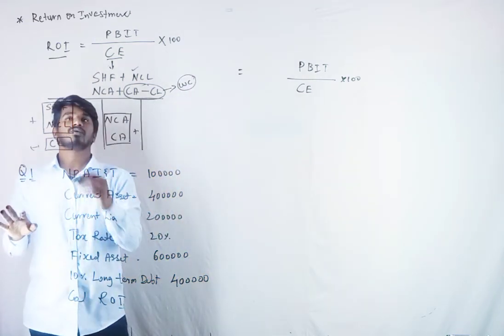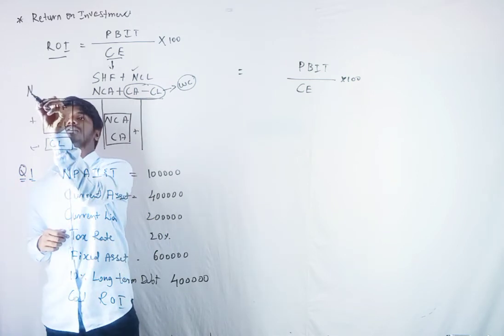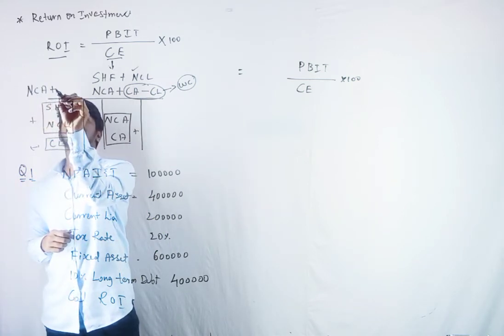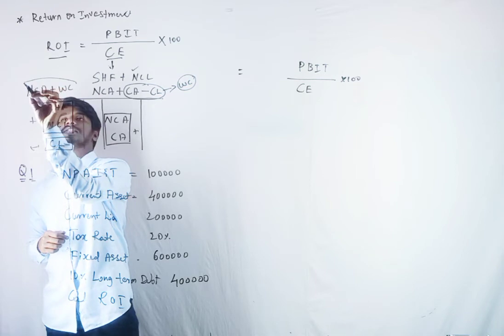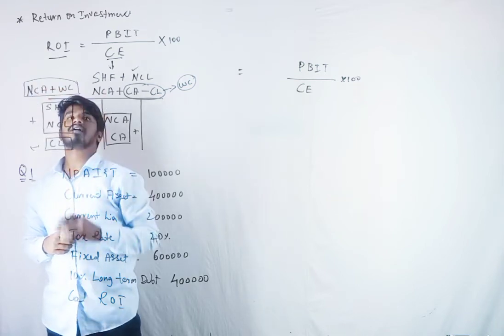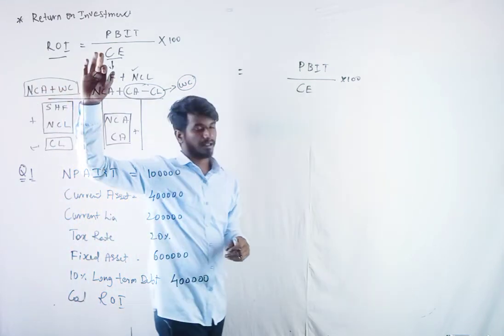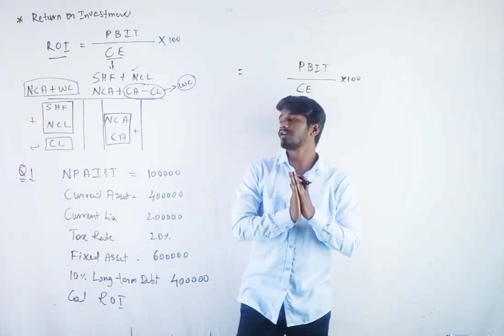So now we can write that non-current asset plus working capital is capital employed. Shall we solve the question?